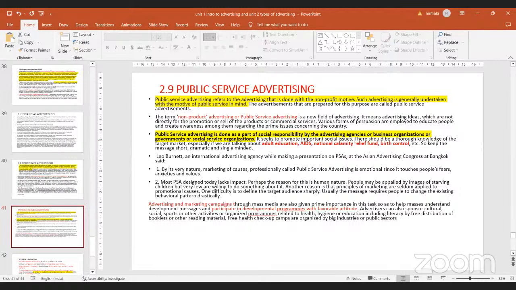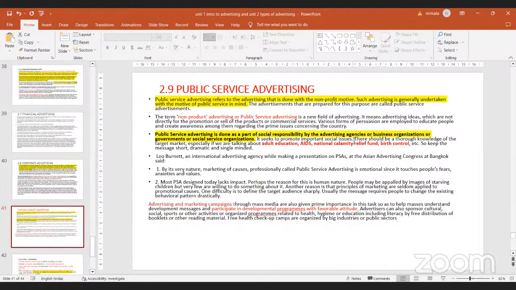Like, for example, don't drink and drive. It is something where you are targeting the people so that if they don't drink and drive, it protects themselves and also their family members.